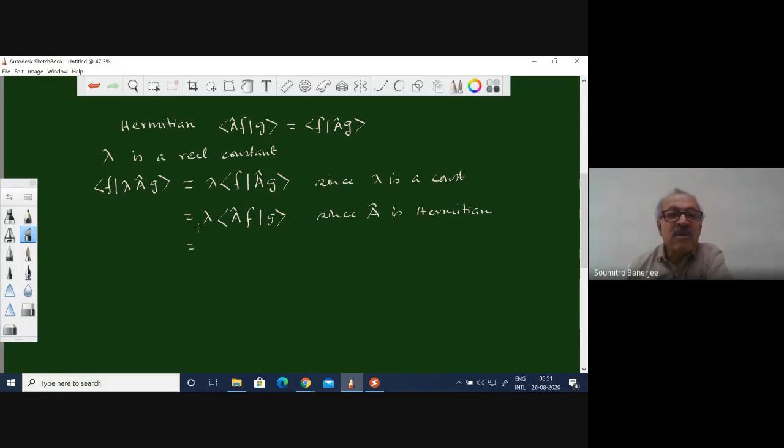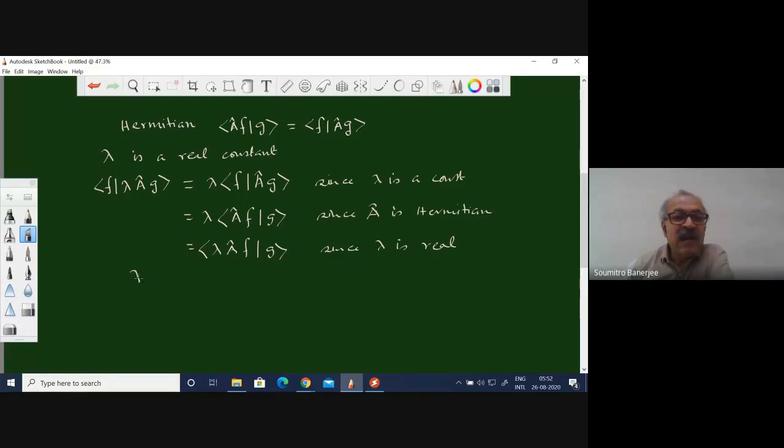And then I can put this one back in because it is real. This is lambda A F G, since lambda is real. Well, then you see that the whole thing, lambda A being in the right, is the same as lambda A being in the left.